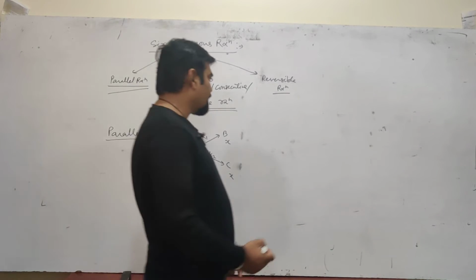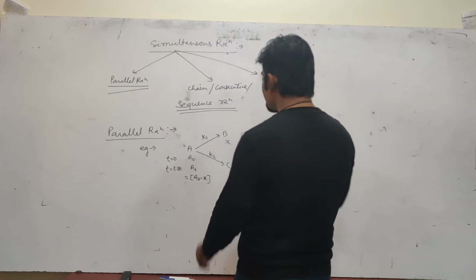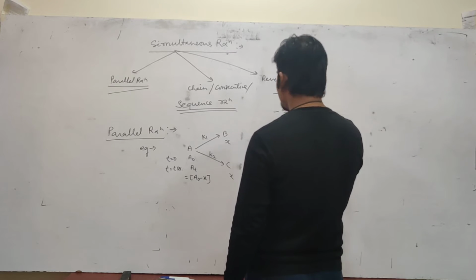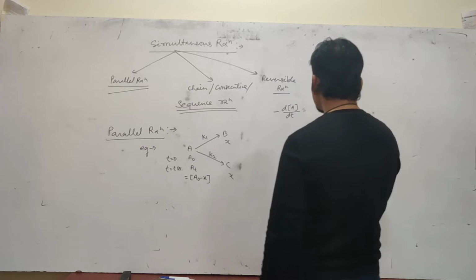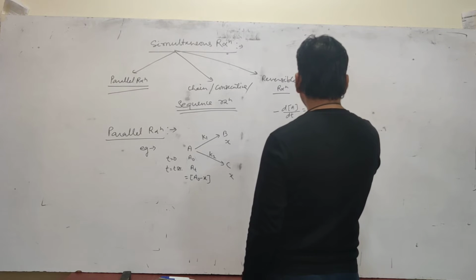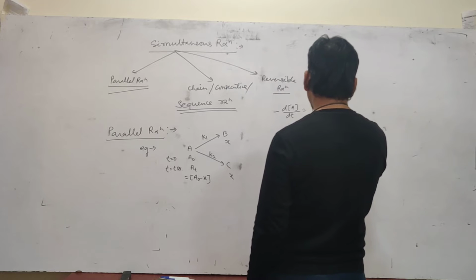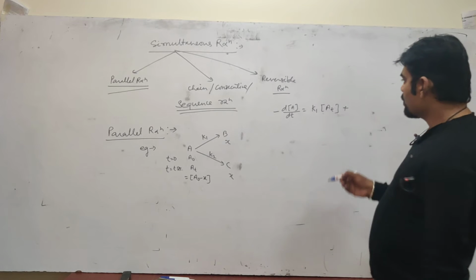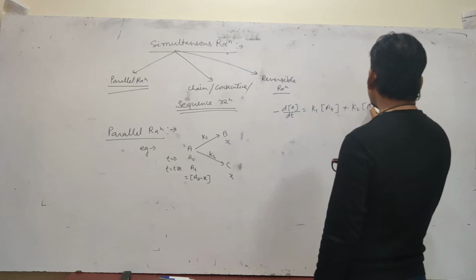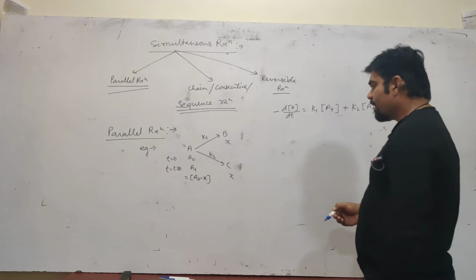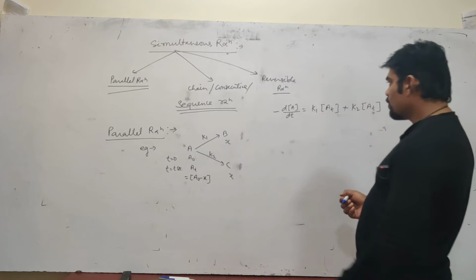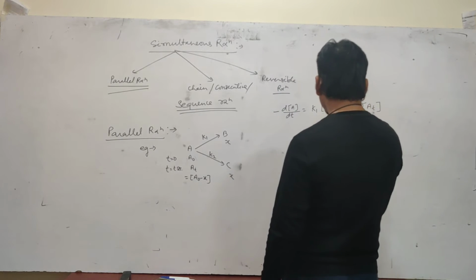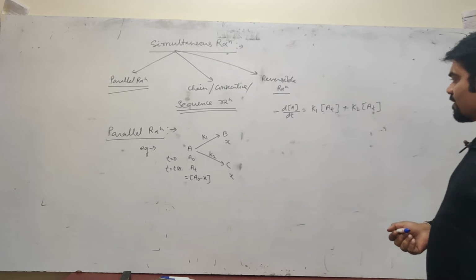For this particular reaction, the rate of disappearance of A, minus d[A] by dt, is equal to K1 into the concentration of A after time t for the formation of B, and simultaneously C is also formed, so plus K2 into the concentration of A after time t for the formation of C. Both B and C are formed simultaneously.